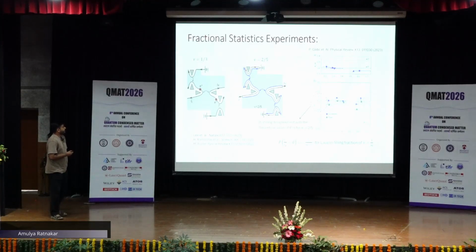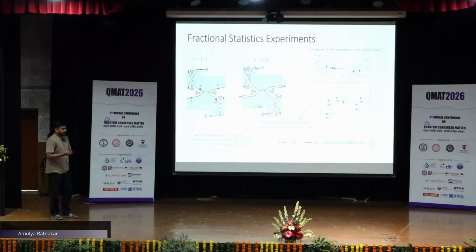Okay, so in a standard collider experiment, what we measure is the normalized cross correlation, and we call it the P factor, and it is in good agreement with the experimental findings for Laughlin filling fractions, which is given by this.